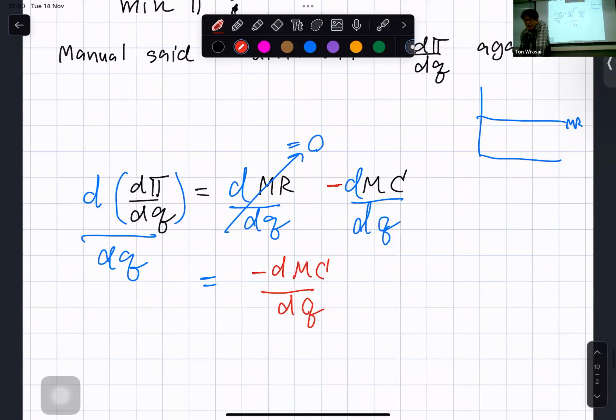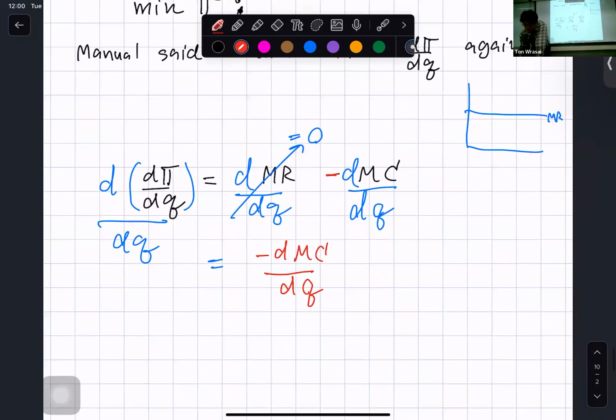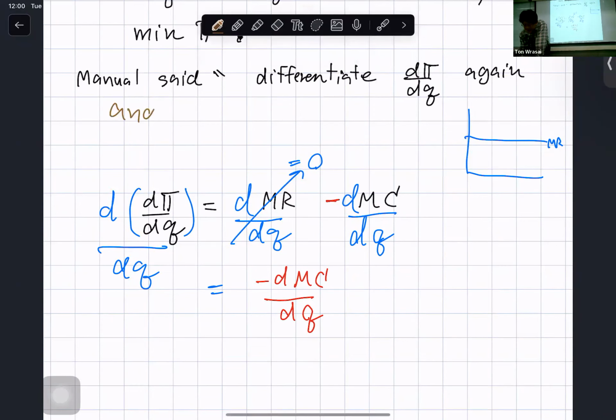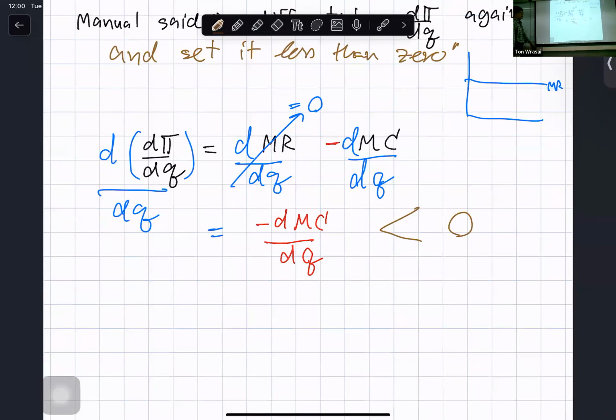Okay, and now I'm going to do something that I will tell you first. I haven't finished this. Differentiate again and set it less than 0. Set it less than 0. And now let's rearrange.